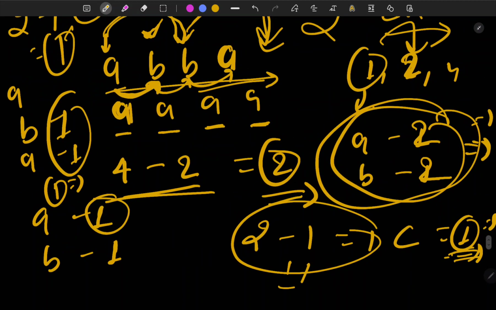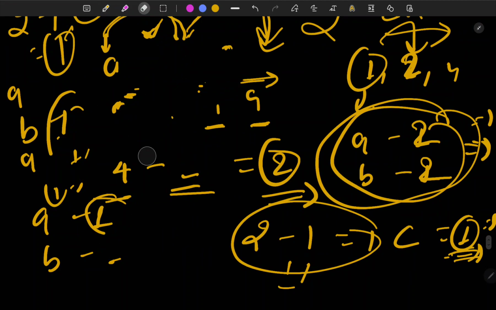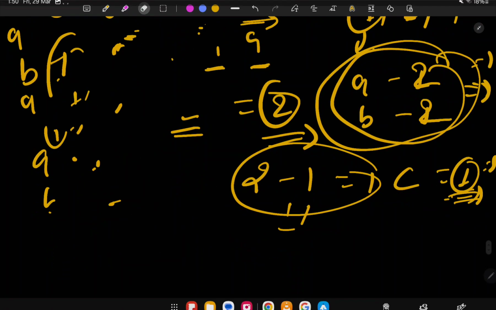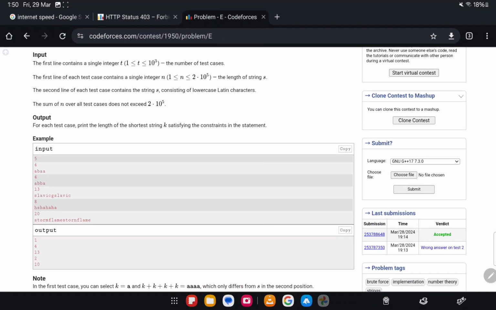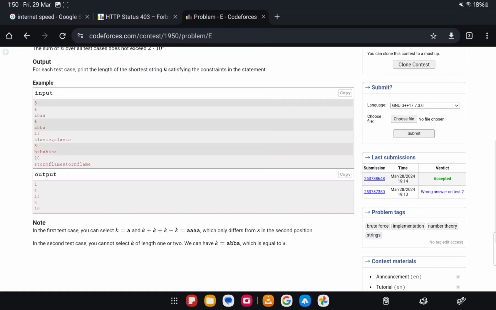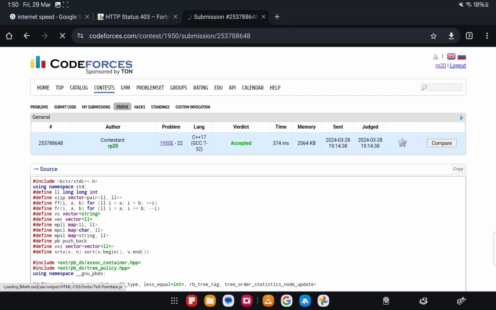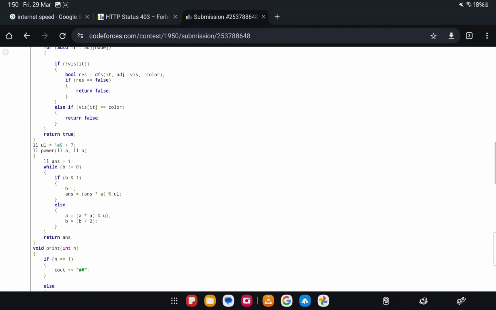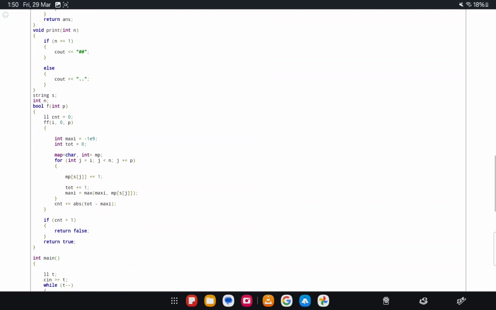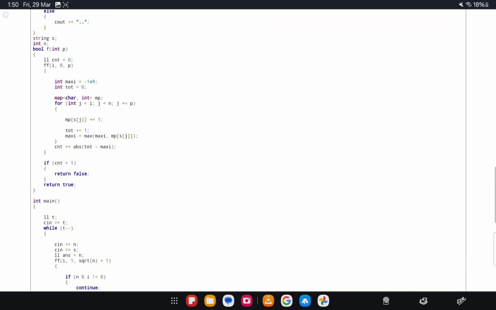So in this way you can solve the problem, if you see the solution.